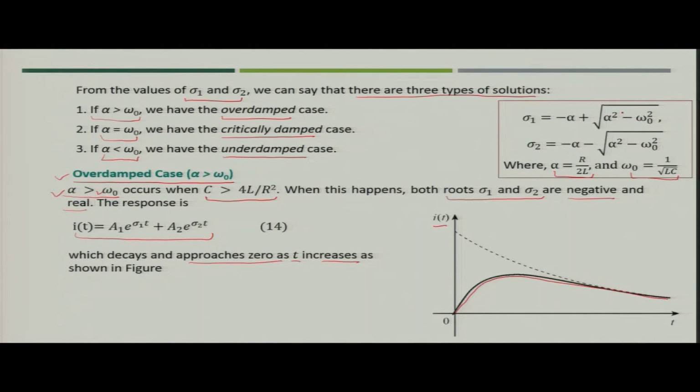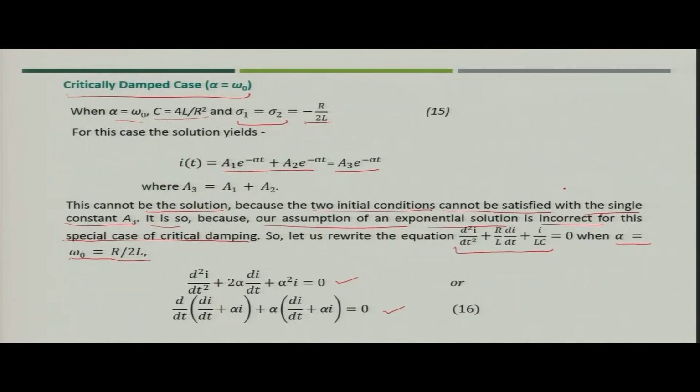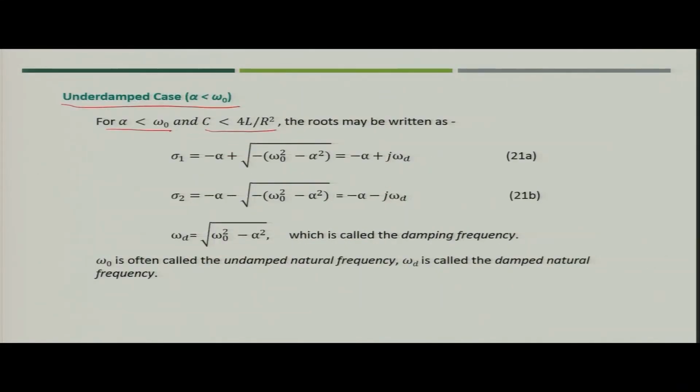In this case, if alpha is less than omega naught, since omega naught is greater than alpha, you can rearrange the roots of the characteristic equation, sigma 1 and sigma 2, as minus alpha plus or minus root of minus of (omega naught square minus alpha square).